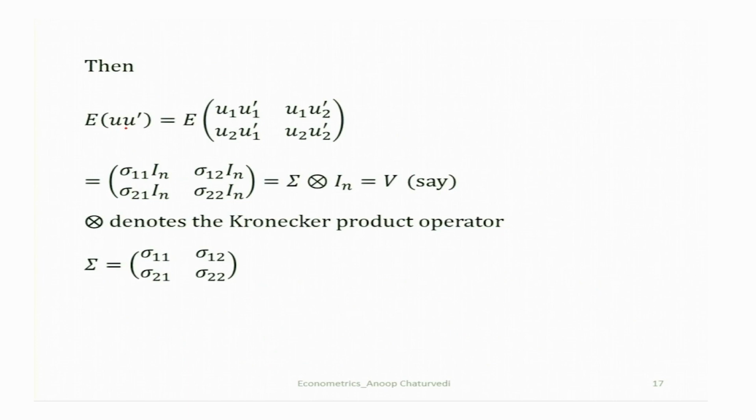Further, expected value of u u transpose is equal to the matrix with blocks expected value of u1 u1 transpose, u1 u2 transpose, u2 u1 transpose, u2 u2 transpose.